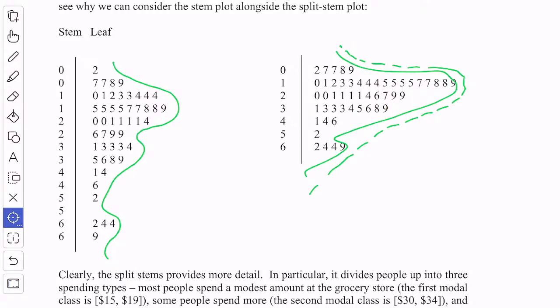And I can explain the detail. I can look into it and explain that these are different groups of shopper. I could see where these people live.